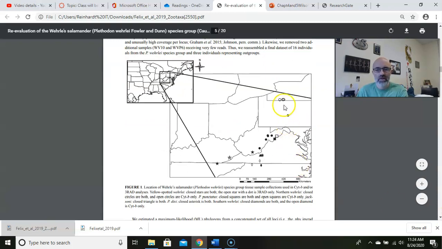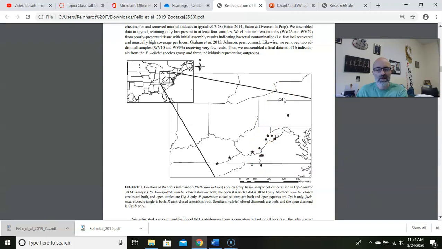This shows where tissues were collected from and how that fits into both the Site B single gene approach and the genomic analysis, because the genomic analysis was done on 20 individuals, which were largely a subset of the 65 individuals. So we collected 65.